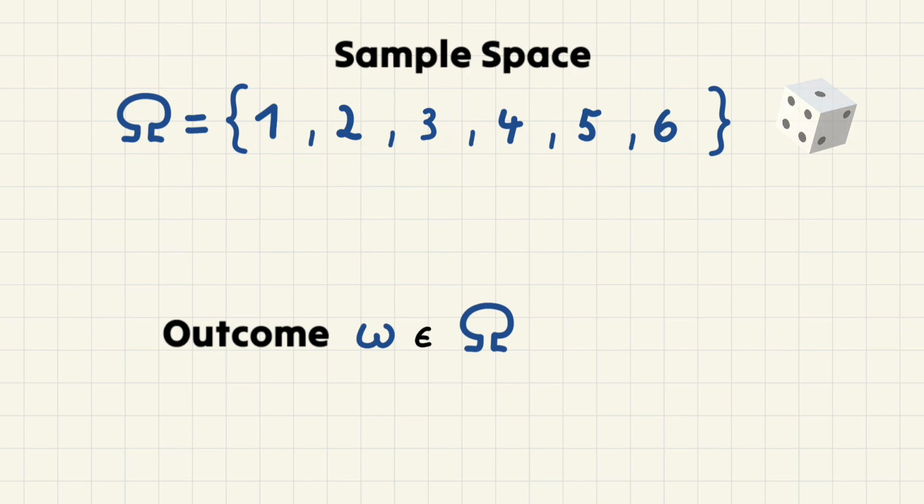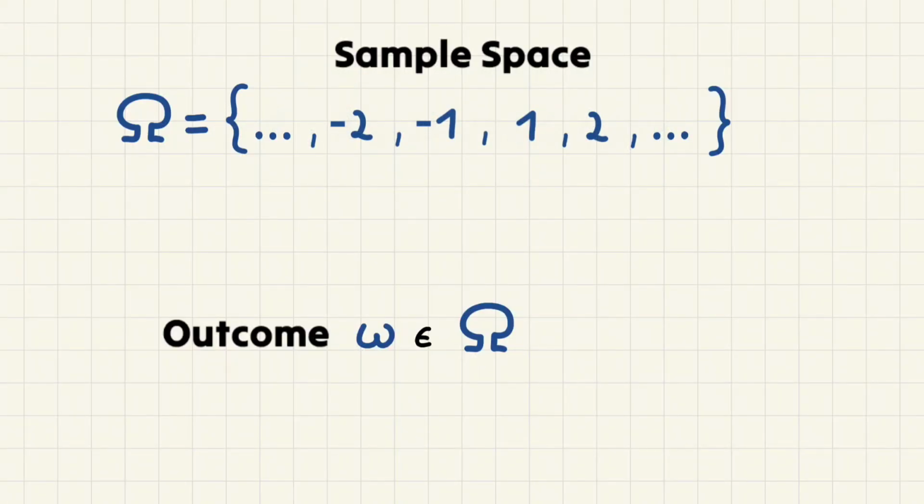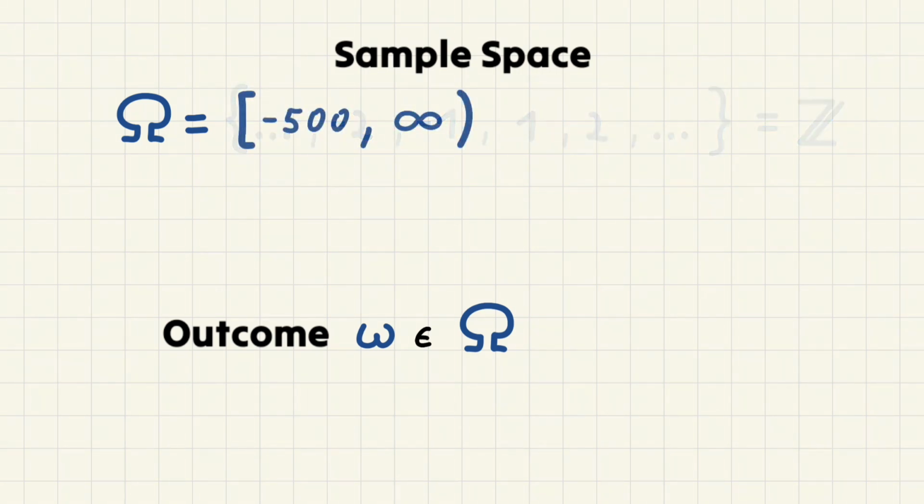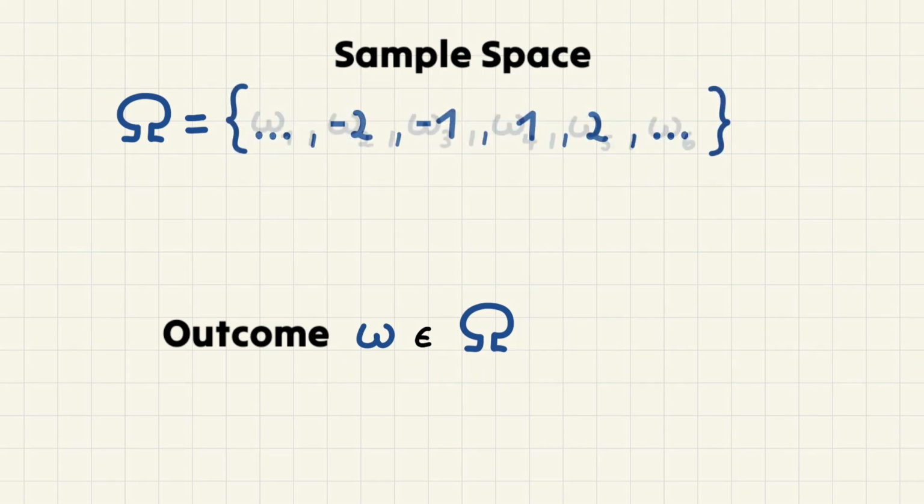However, the sample space can also be countably infinite, like in the experiment of randomly picking an integer, where omega is the set of integers, or it could be uncountably infinite, such as the interval representing the daily return of a stock, which might drop by up to $500 because that's the amount I've invested, or rise to infinity. In this interval, there are infinitely many possible outcomes, which makes it impossible to simply count them. In short, the sample space is defined by the corresponding random experiment.